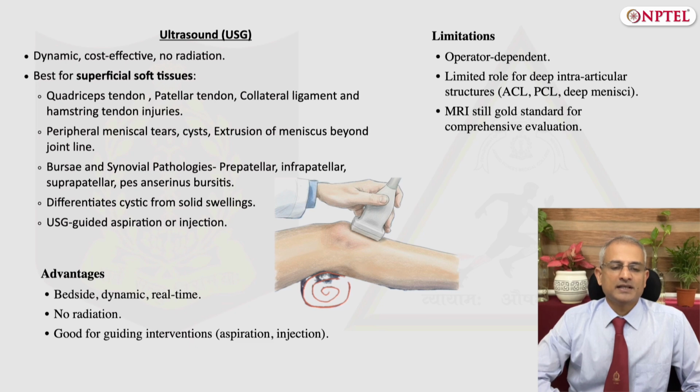However, it has certain limitations in that it is very much an operator-dependent investigation. It is limited in use for intra-articular structures like the cruciate ligaments or menisci, where MRI is clearly a gold standard. A specialized form of ultrasound called Doppler ultrasound is done to assess vascular status.